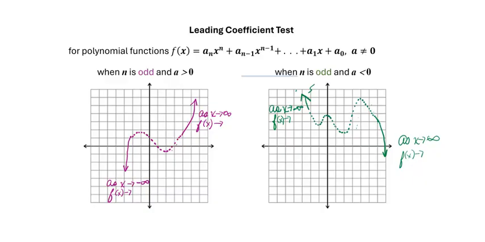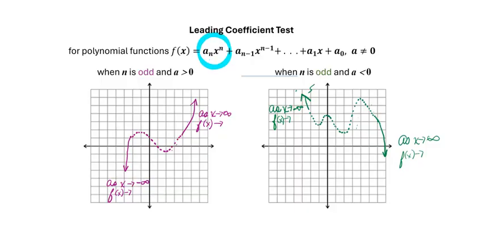Then we also talked about how to find the leading term of a polynomial. And don't forget that when you look at a polynomial, the leading term is not necessarily the first one. It's the term that has the highest power, or the variable with the highest degree. By our definition, it's going to be the a sub n term.